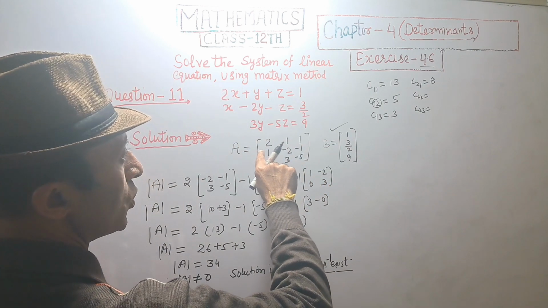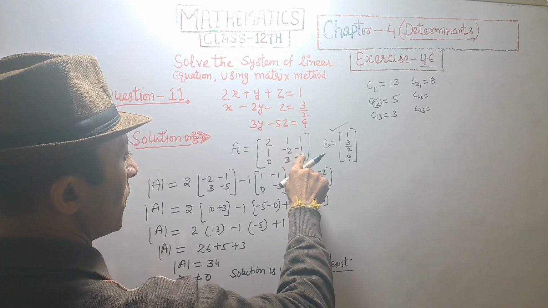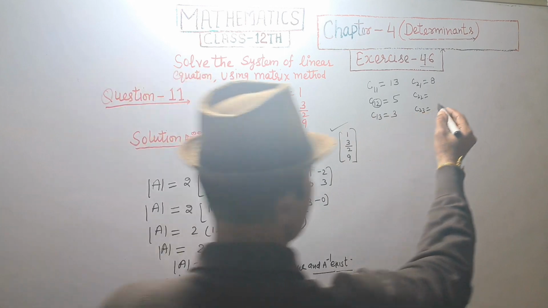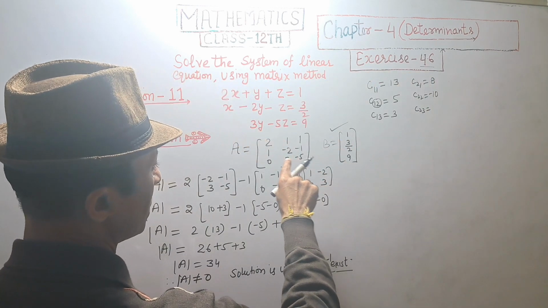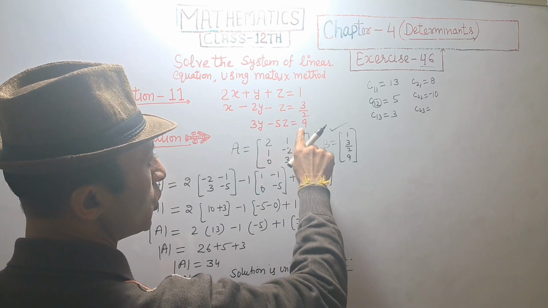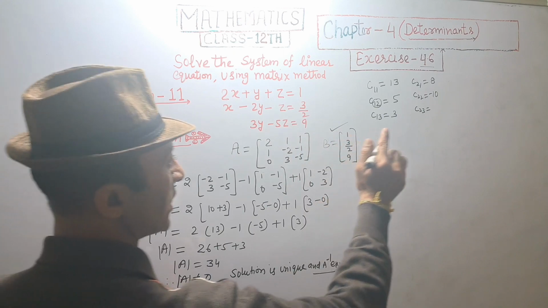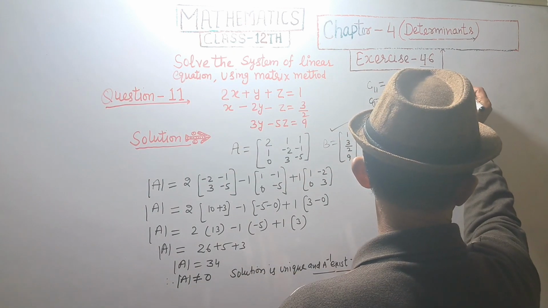C22 is minus 10. C23 is 6 minus 0, that is 6, with the sign negative, minus 6.